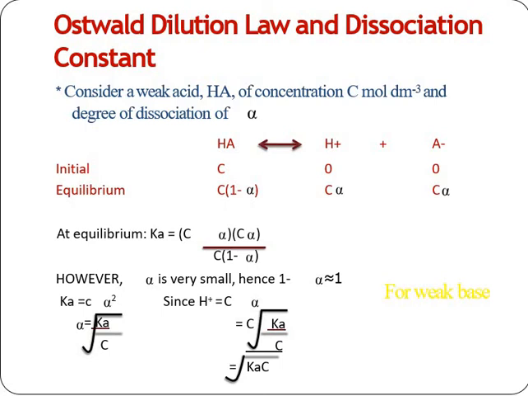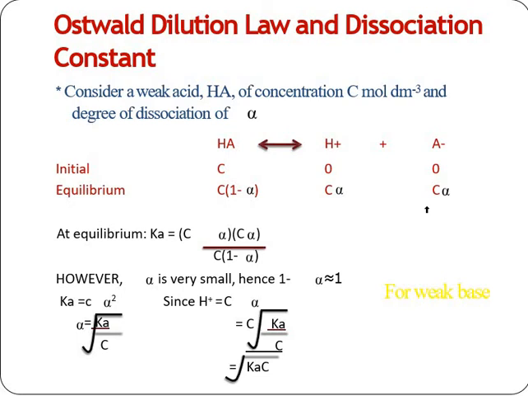Now what will happen at equilibrium? Some H plus ions and A minus ions will form in aqueous solution. Consider C alpha H plus ions and C alpha A minus ions form in aqueous solution.